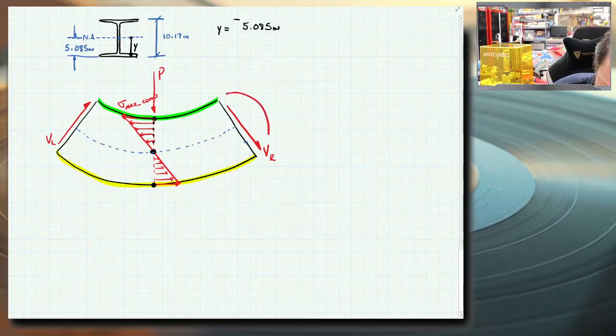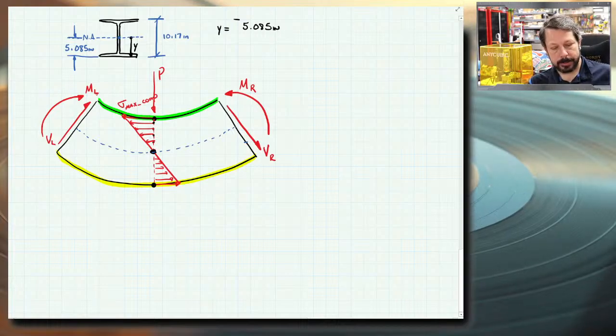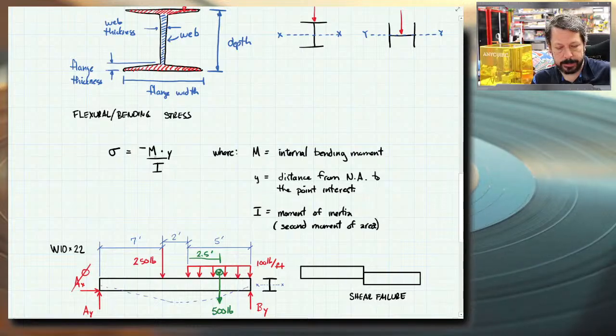Here is the moment on the right-hand side of our free body diagram. Here is the moment on the left-hand side of the diagram. And so these ML and MR, those are the internal bending moments. They're the thing that goes into our flexural stress equation right here, M.